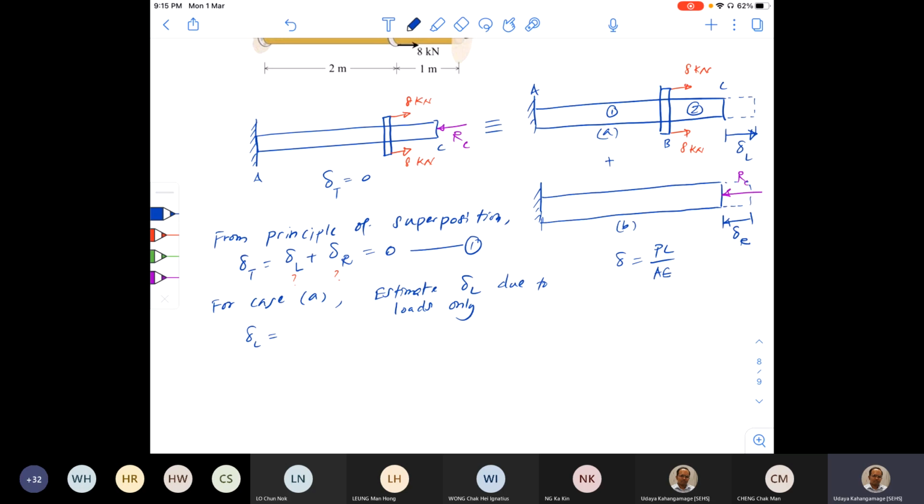Okay, because it's a compound member. You can say delta L is equal to delta AB plus delta BC for the compound member AC.